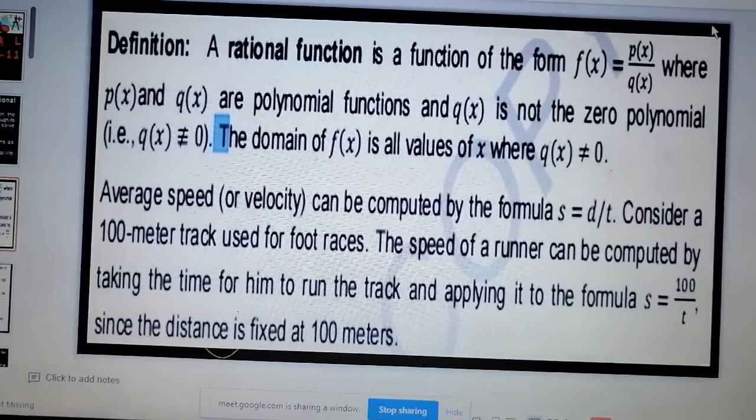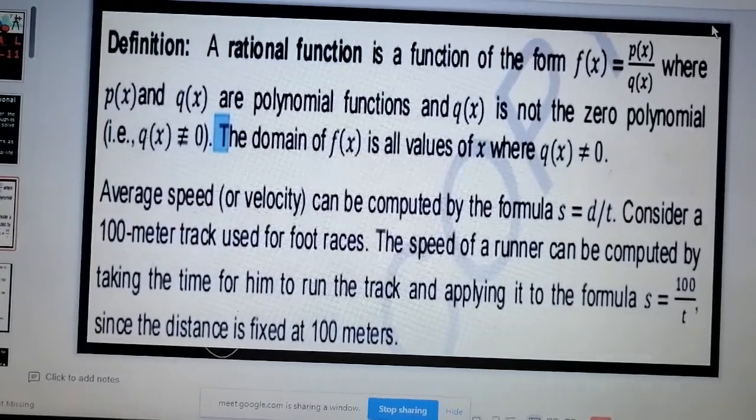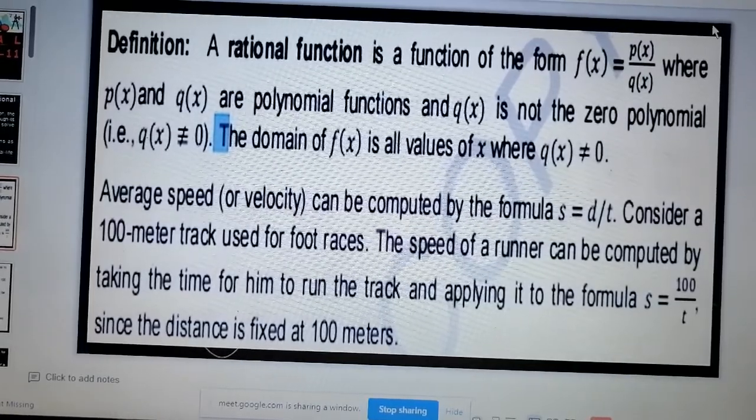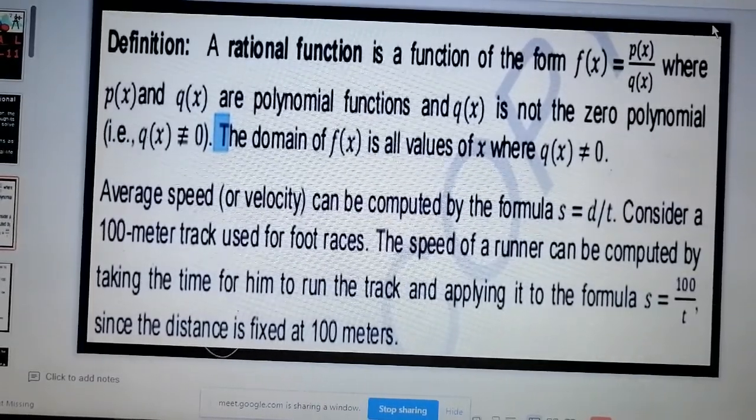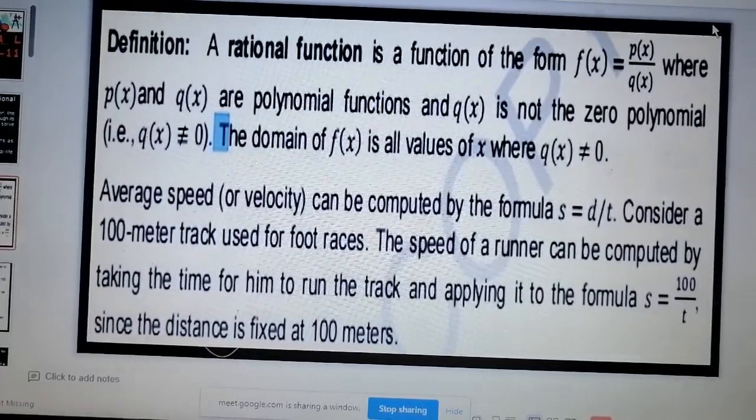Okay? Domain and range. Okay, we have average speed or velocity can be computed by the formula S is equal to D divided by time. Ibig sabihin, speed is equal to distance divided by time. Consider a 100-meter track used for foot races.